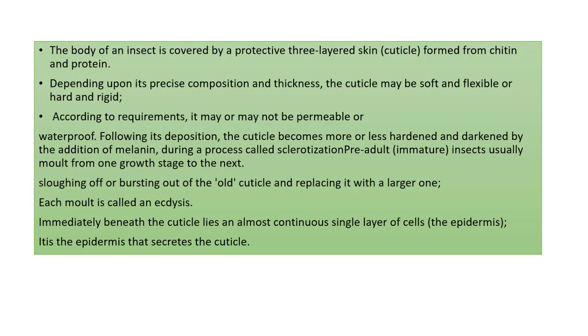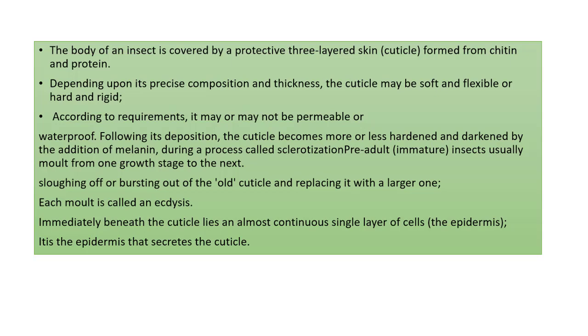Next slide. The body of the insect is covered by a protective 3-layer skin, the cuticle as you call it, which is formed from chitin and protein. Okay? So depending upon its precise composition and thickness, the cuticle may be soft and flexible, or hard and rigid, which is found in the beetle.